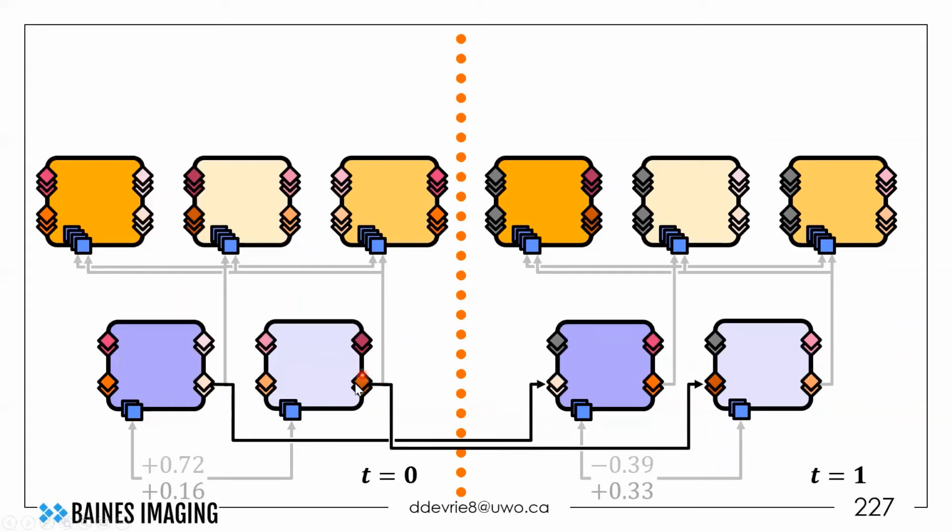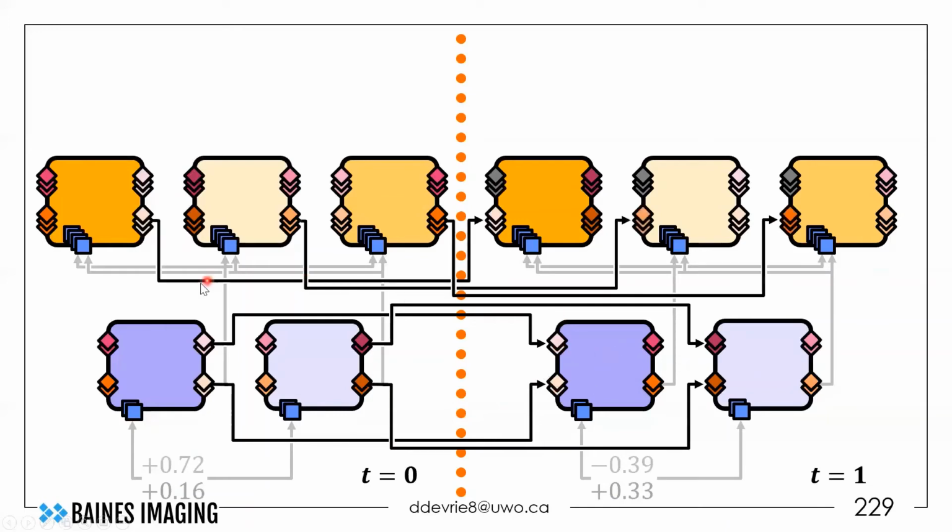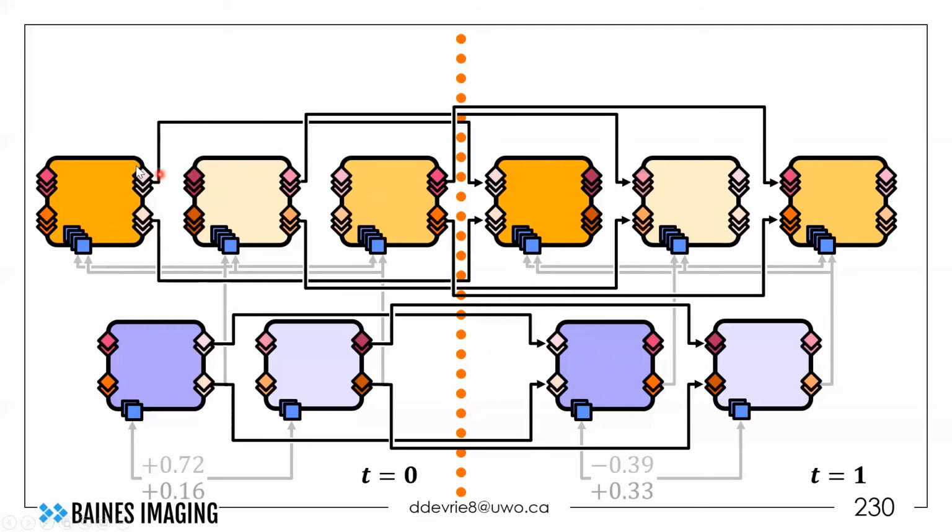So the output becomes the input. And similarly for our memory. So each LSTM cell is matched up with the same LSTM cell just in the next time step. And we can do that for our next layer, passing on those hidden layer outputs to become inputs. And similarly for our candidate memory, just like that.